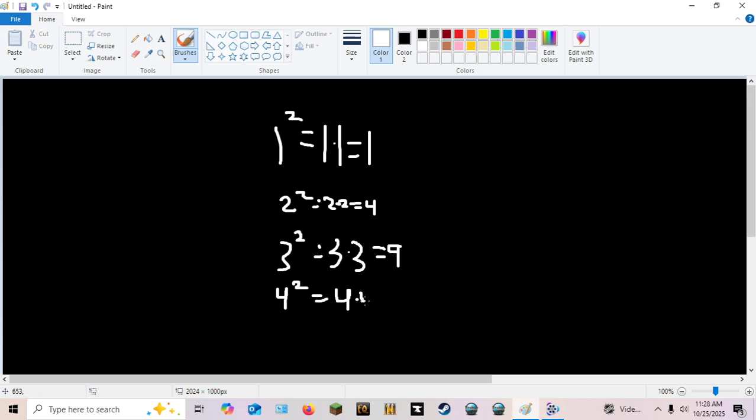Okay? 4 squared is 4 times 4, which is 16.